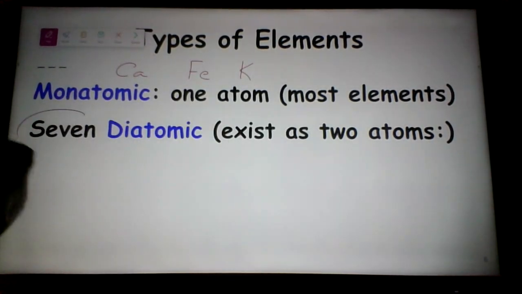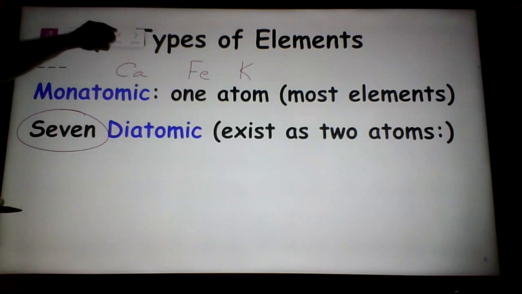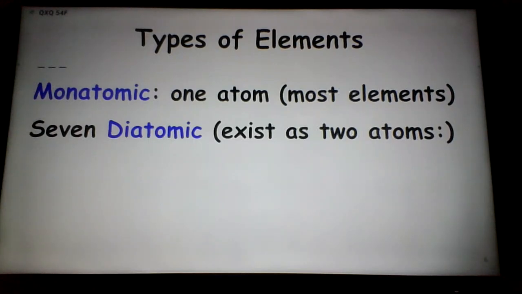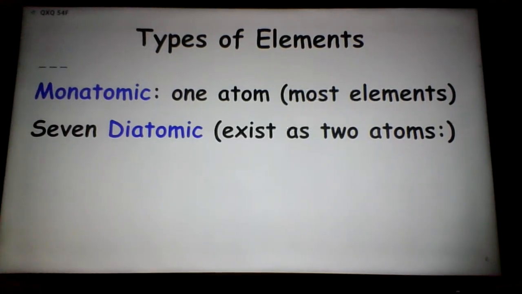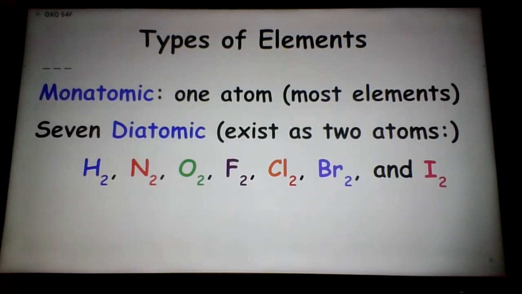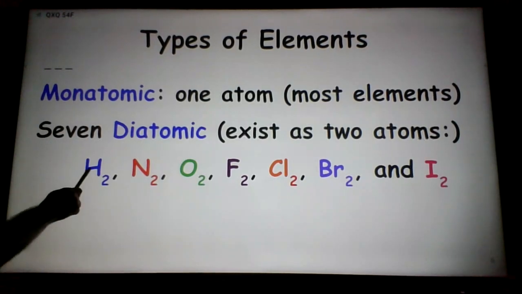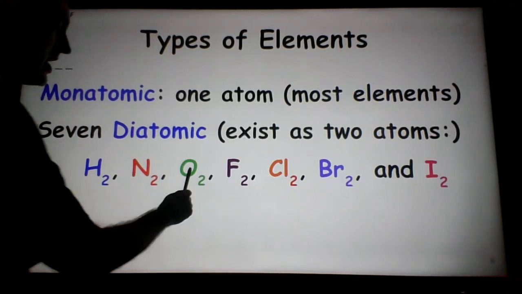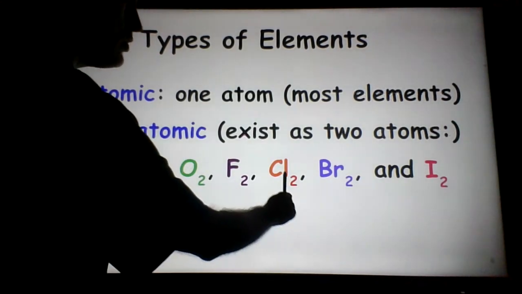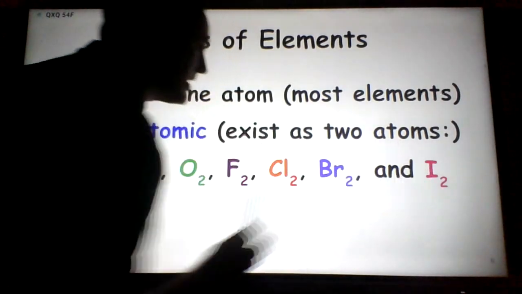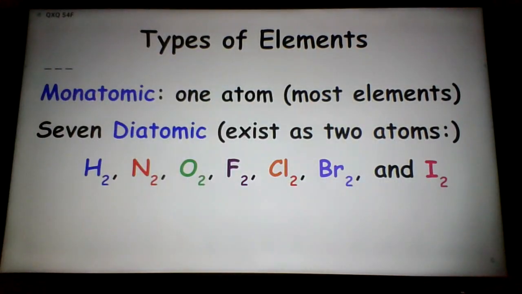But you see there are 7 that are so reactive they cannot exist as single atoms. They have to exist as pairs, and here they are. Hydrogen, nitrogen, oxygen, fluorine, chlorine, bromine, and iodine. These elements, their atoms are so reactive that they will not exist by themselves.